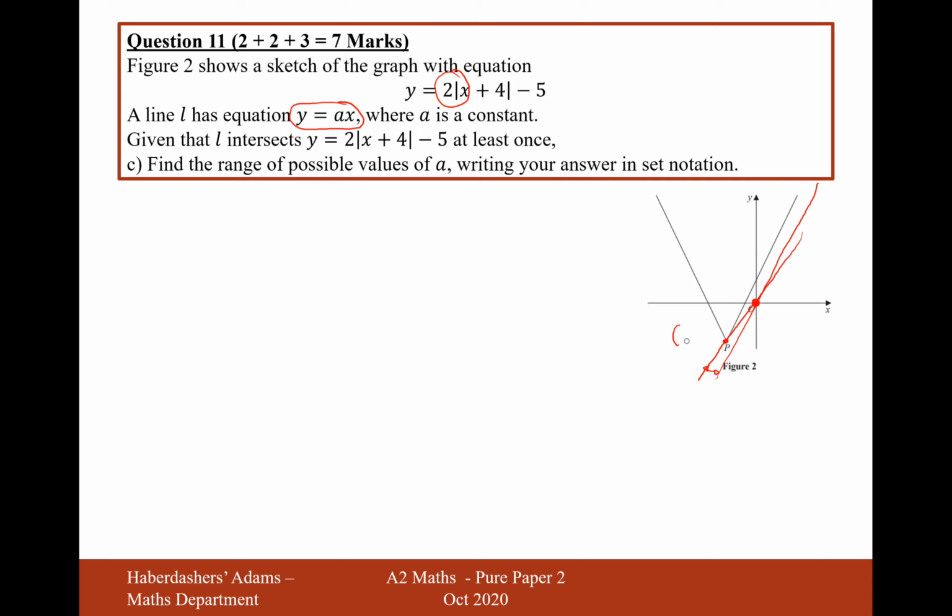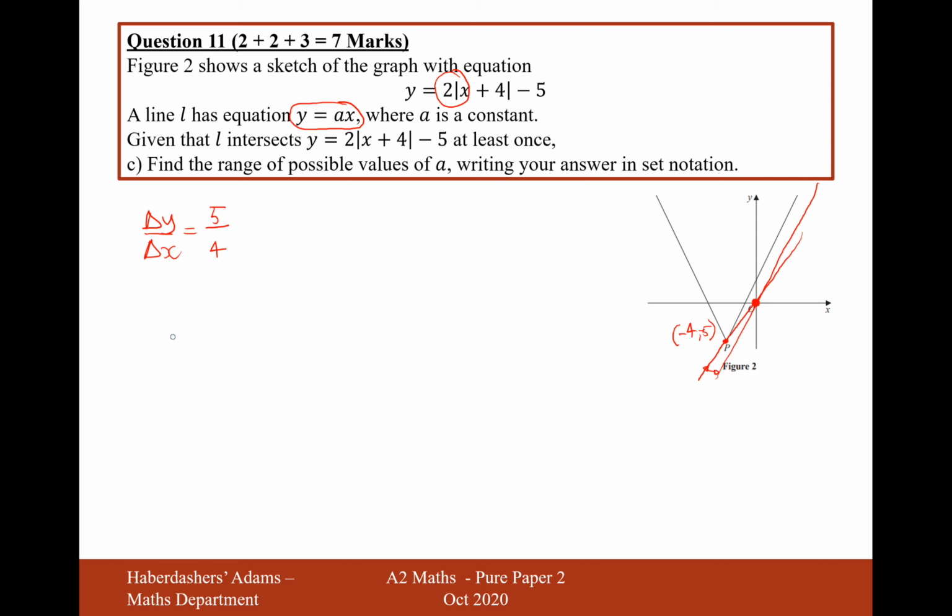Remember that this coordinate down here was the coordinate minus 4, minus 5. So the gradient at that point, if we do difference in y divided by difference in x between minus 4, minus 5 and 0, 0, will be up by 5 and along by 4.